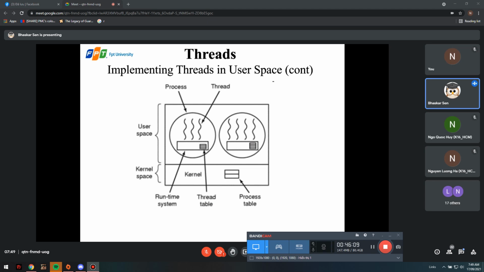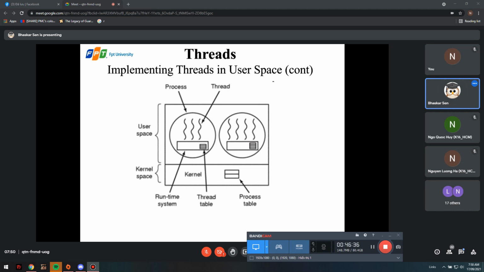The thread table is in the hand of the JRE, and the process table is in the hand of the kernel. So basically, the kernel knows nothing about how things get executed.